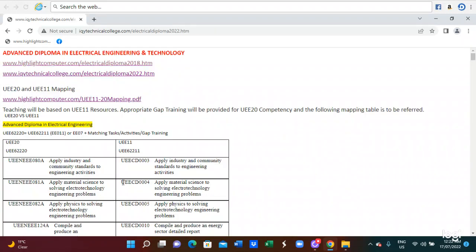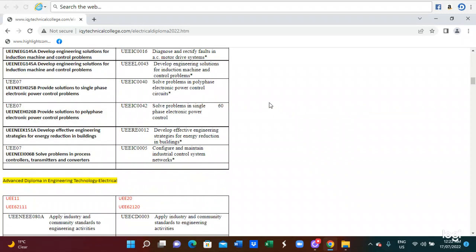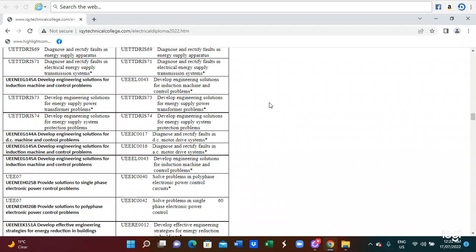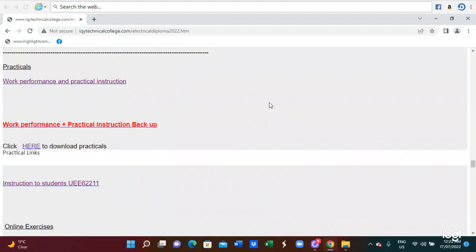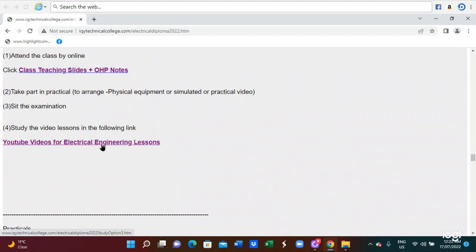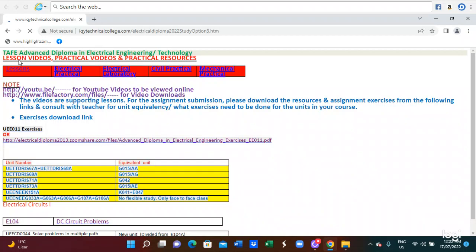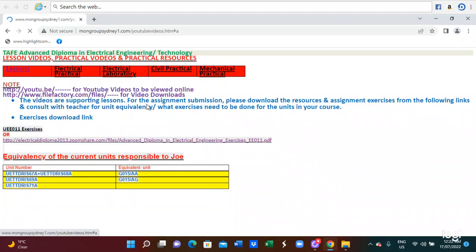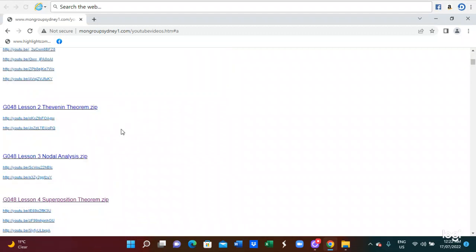Last week you already finished G143, 145, 144. Then for electrical 2022, you go down here. You have to do the video lesson, the YouTube video for the electrical engineering lesson and connected lesson. Then you have to see G143, 144, 145.